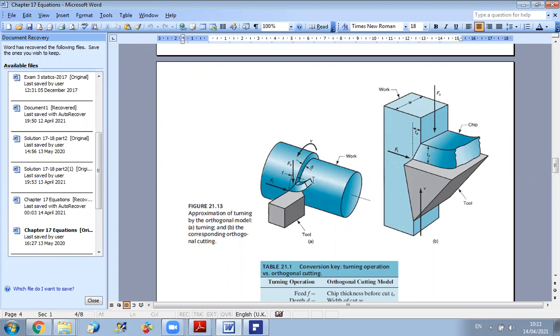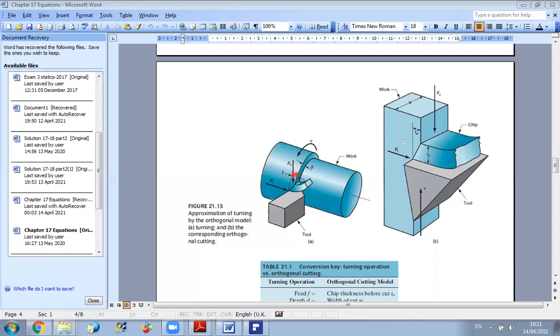Because look, if you do a comparison, first, you can consider that the feed f, which corresponds here to the thickness removed per revolution. For a complete turn, you will remove all of this. So this is your feed.